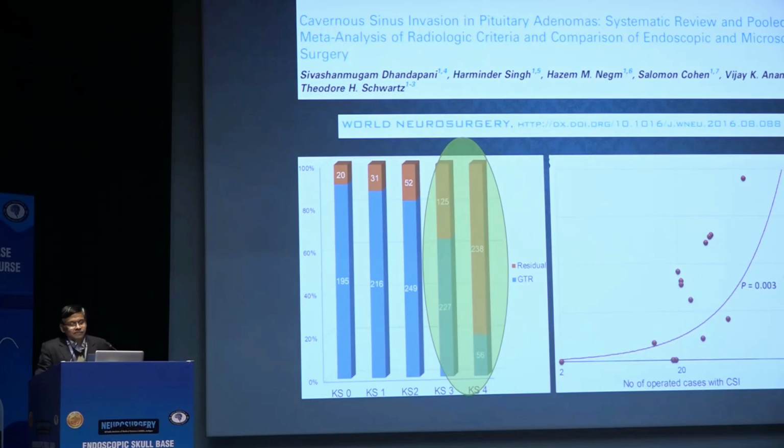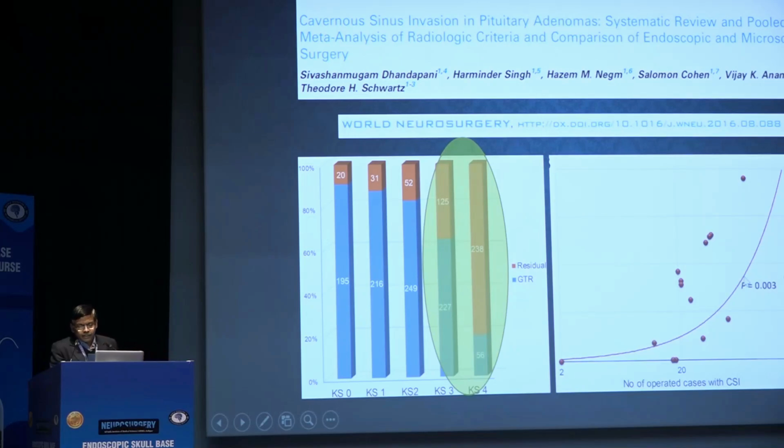Sometime back, when we did a meta-analysis, we noted that intentional entry into the cavernous sinus per se doesn't increase the mortality or morbidity of surgery. The more cavernous sinuses we open, the greater the likelihood of gross total resection, and we noted that after 20 cases of good transcavernous exposure, the GTR likelihood ratio increases.